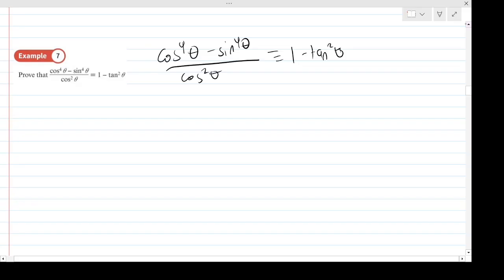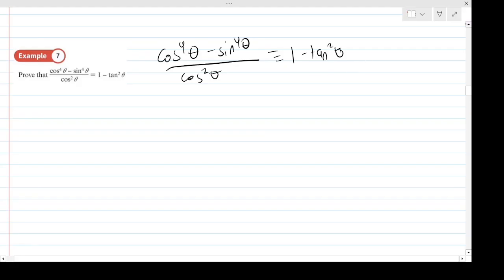We could either somehow deal with 1 minus tan squared theta, and then we get this fraction in eventually. But the strategy is generally to pick the more complicated side, the side with the weirder terms in. So this whole weird fraction, this big fraction, it's better to work with the more complicated stuff, because then you can simplify it down into the simpler term, right?